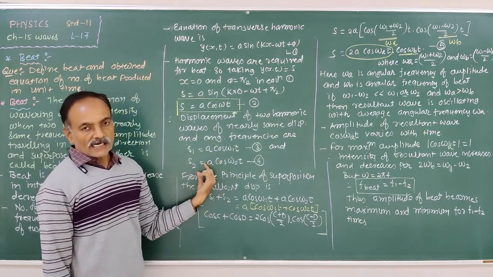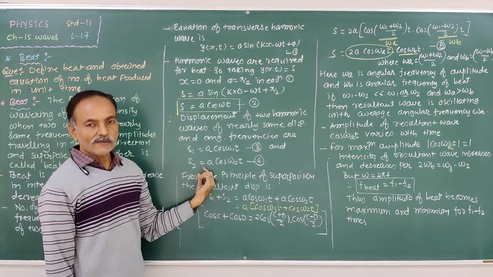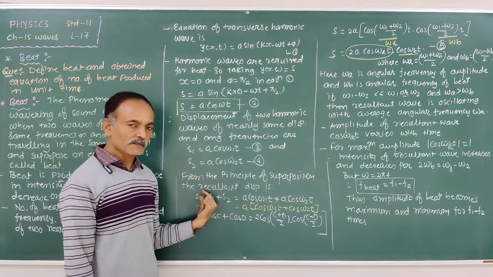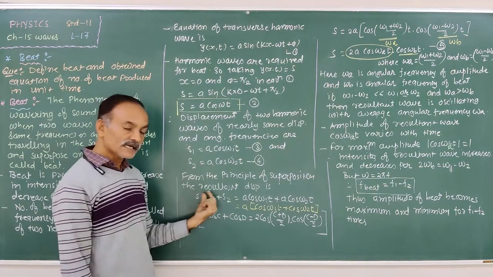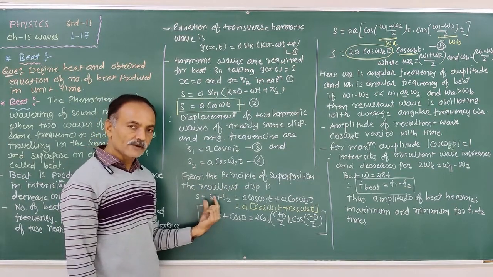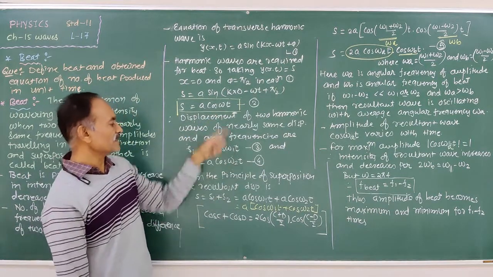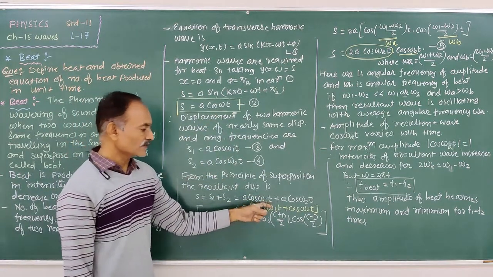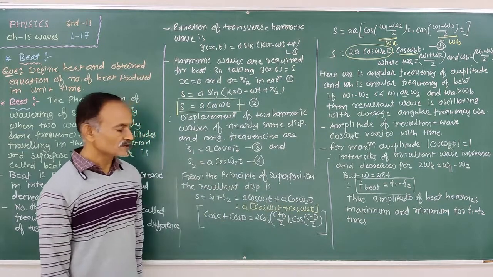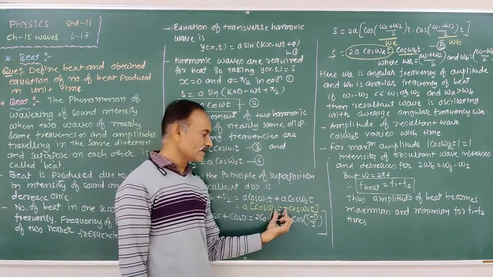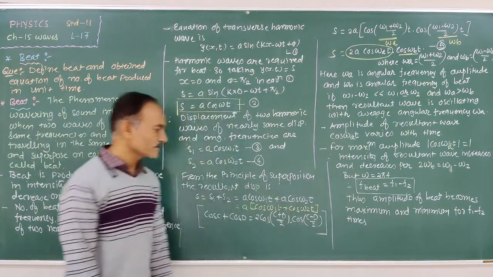These two waves are traveling in the same direction and superposed. Therefore, from the principle of superposition, the resultant displacement s is equal to s1 plus s2. We substitute the values of s1 and s2: a cos omega 1 t plus a cos omega 2 t. a is common, cos omega 1 t plus cos omega 2 into t.